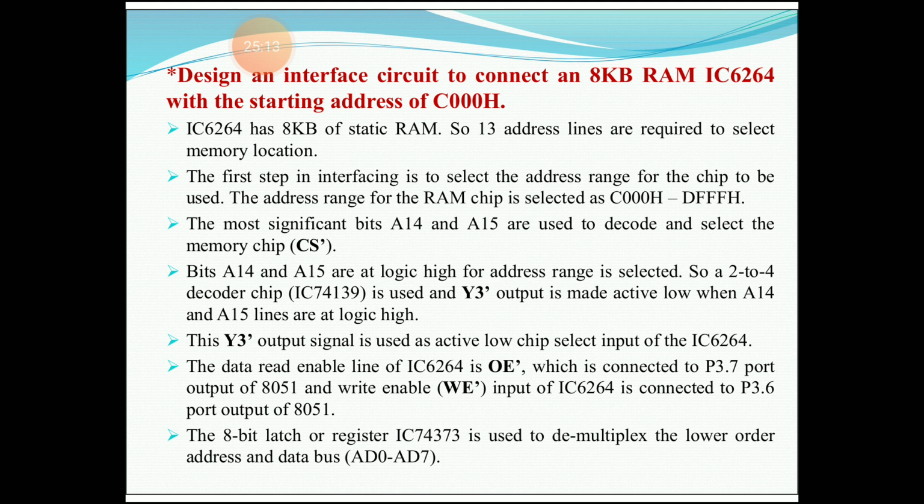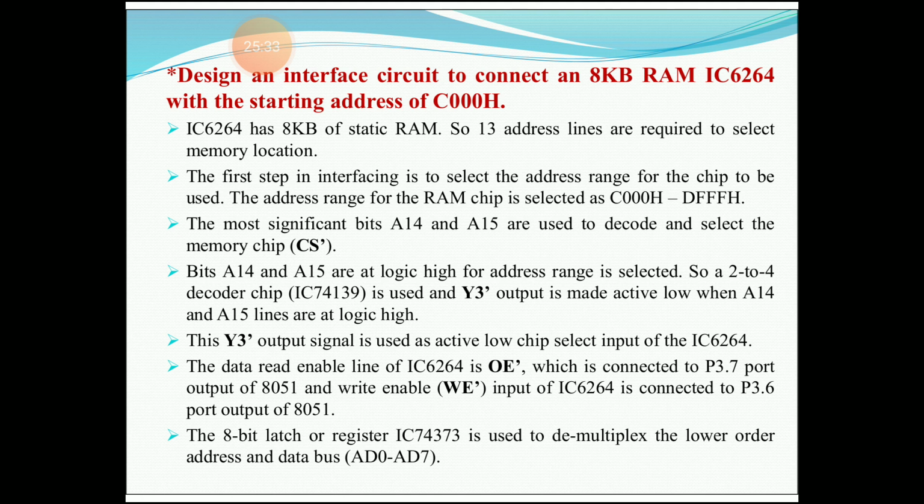C000H to DFFFH. The most significant bits A14 and A15 are used to decode and select the memory chip. The bits A14 and A15 are at logic high for the given address range.